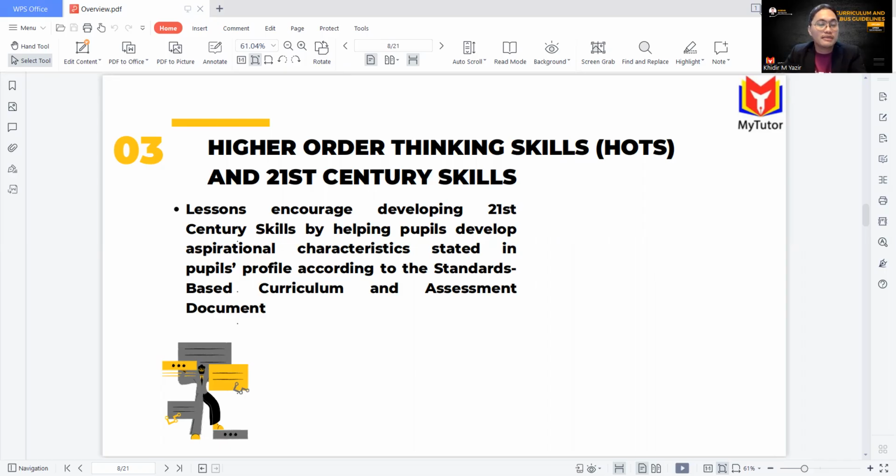Pupils will develop HOTS during learning English while giving them tasks that encourage using knowledge, using skills, and using values in thinking, applying, reflecting, problem solving, decision making, innovating, and creating. Okay, so a particularly good opportunity to do this is within the literature in action lessons, where pupils are encouraged to respond to a range of texts.